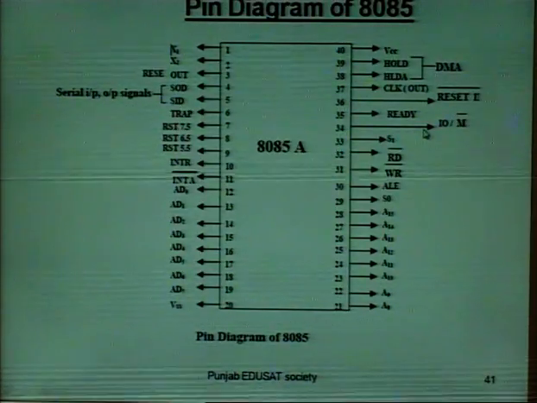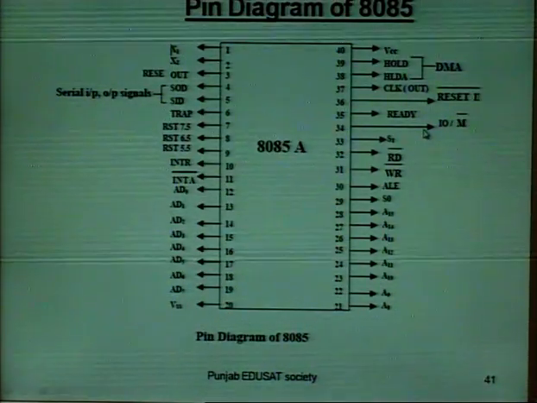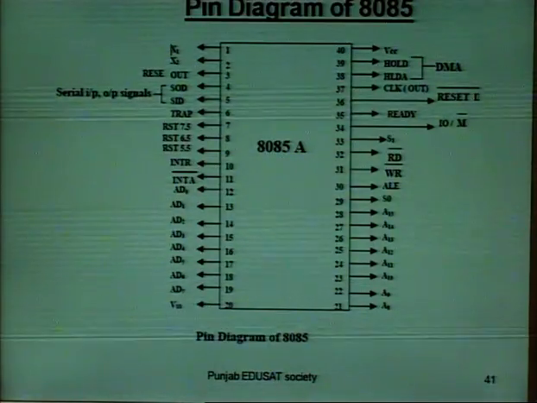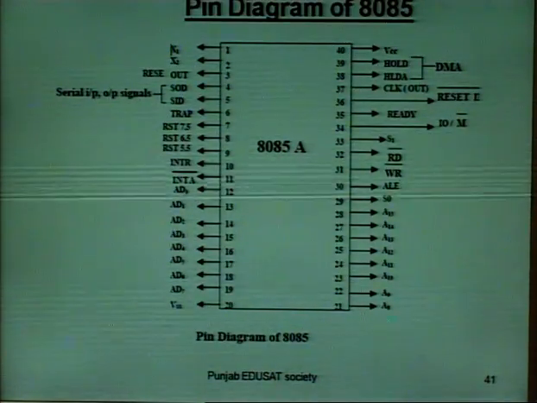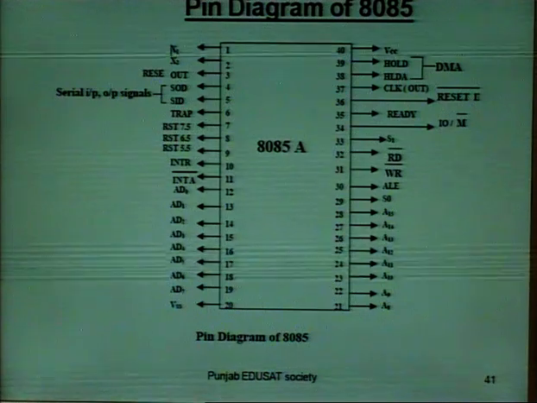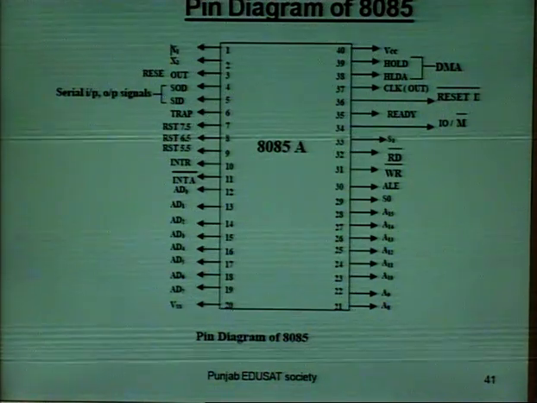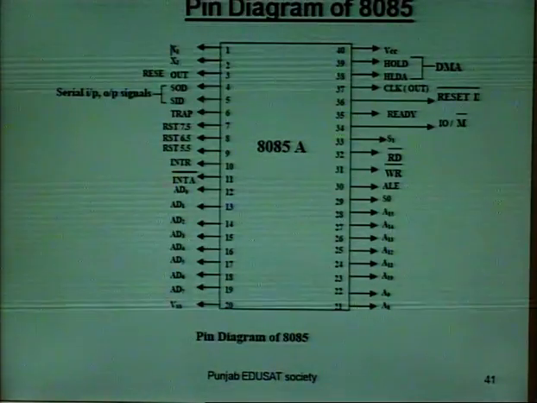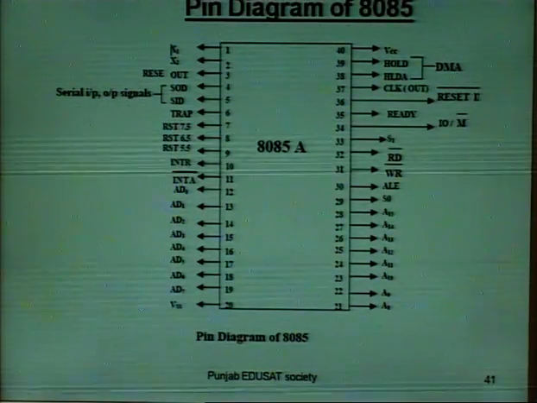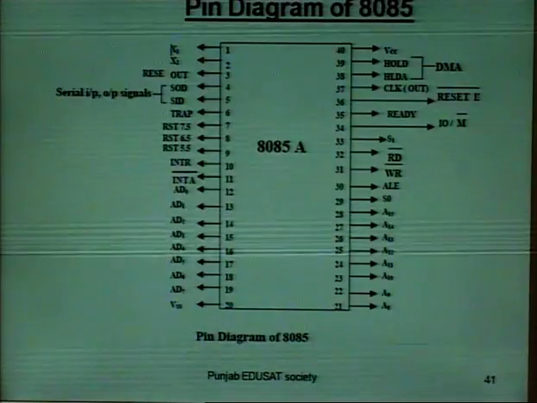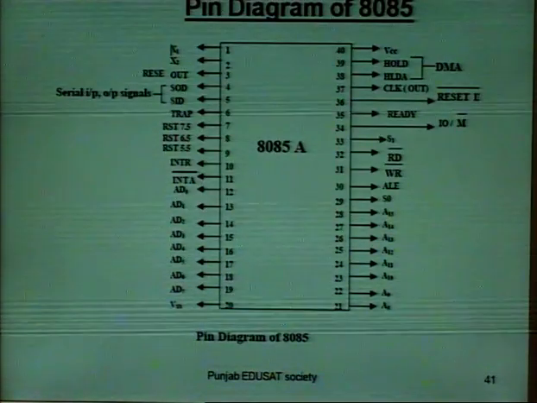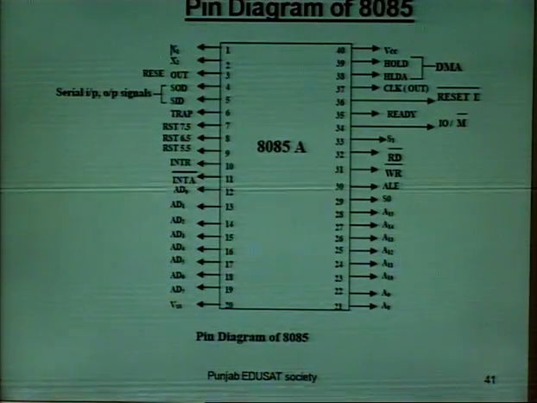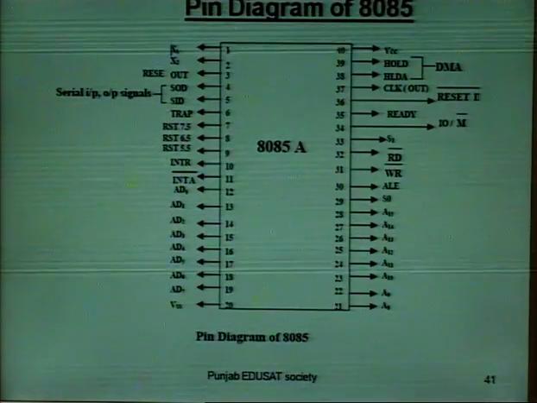With the help of this signal, the microprocessor checks the readiness of the peripheral device for data transfer, that is whether the peripheral device is ready to receive or send data. If the signal on this pin is high, the CPU will perform data transfer. If the signal on this READY pin is low, the CPU will enter a wait state.